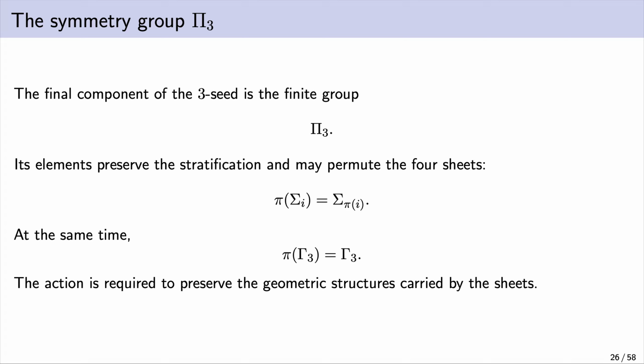You look at a symmetry group there: O sub H, octahedral symmetry. It's permuting the sheets, permuting gamma, but mapping all strata to strata, and exactly the same strata to the same strata. Like I said, the action is required to preserve the geometric structures carried by the sheets.